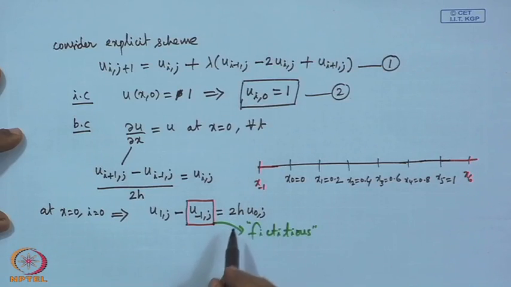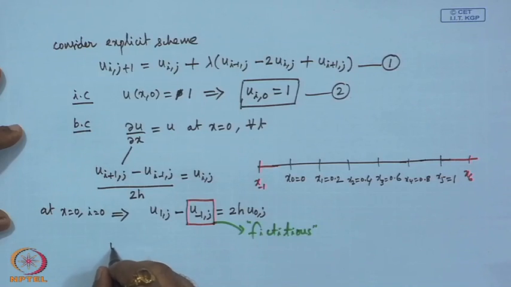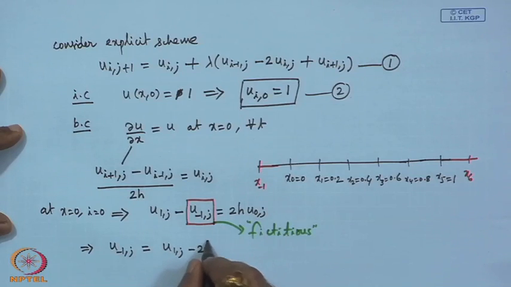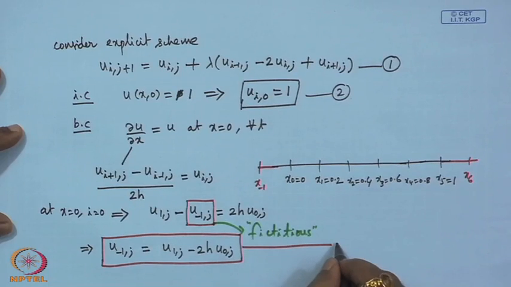So, how do we handle it? Put down explicitly u minus 1 j is equal to u 1 j minus 2h u 0 j. Call this 3.